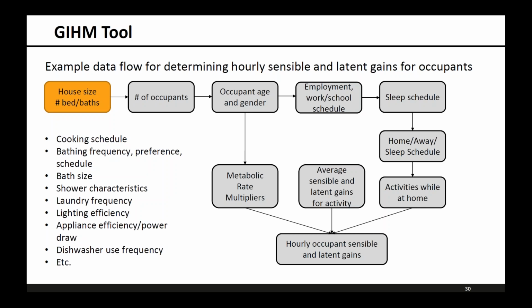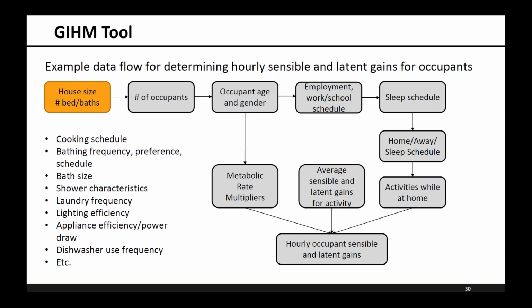We then use the ASHRAE Fundamentals Handbook to pull average sensible and latent gains for specific activities. Those were mainly focused on office activities, but we tried to match those up with typical household activities.